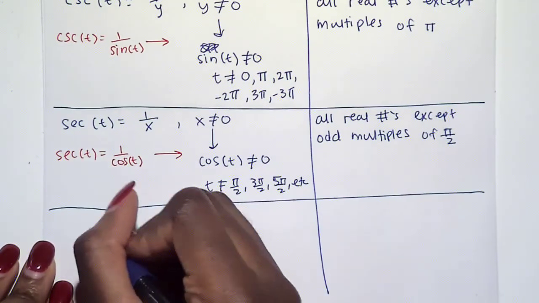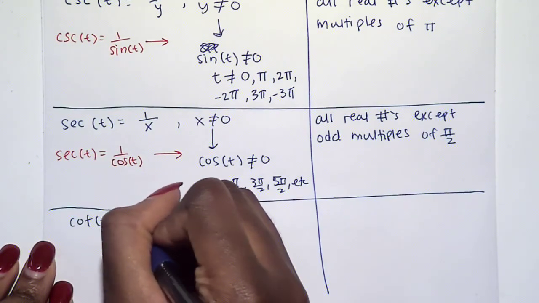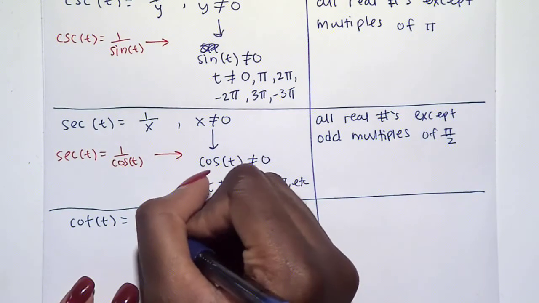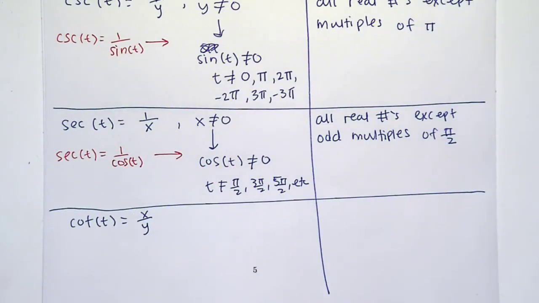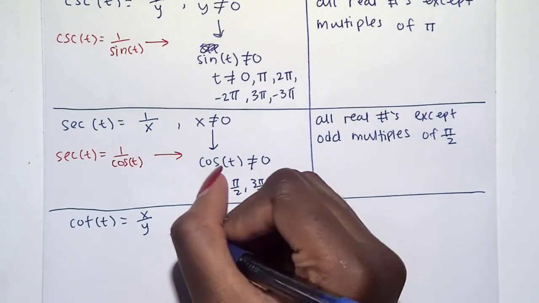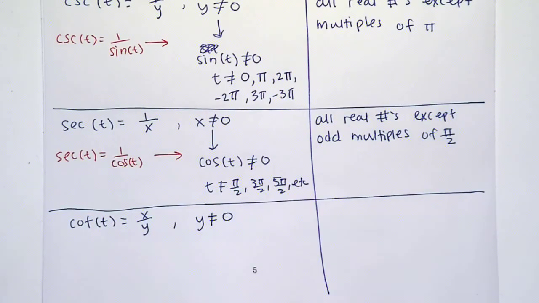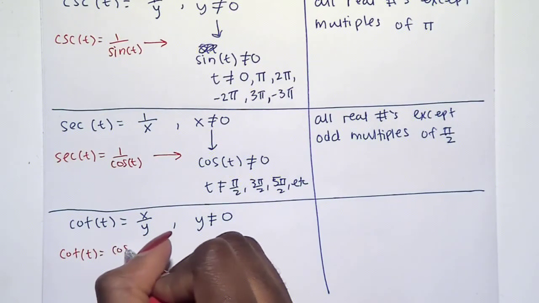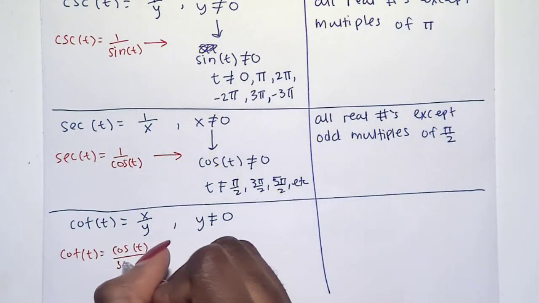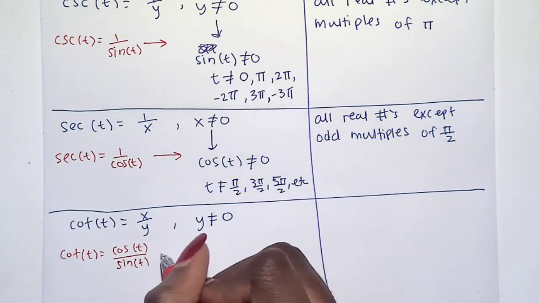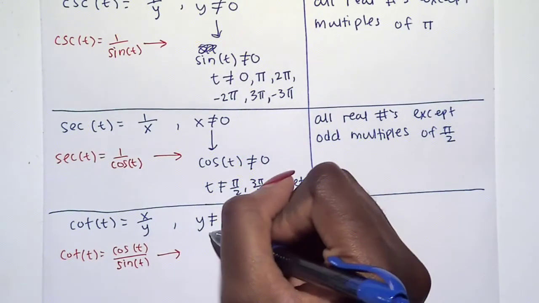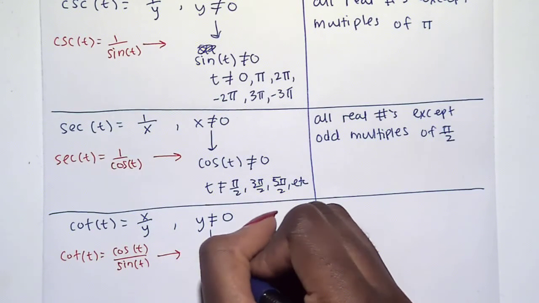All right, so last one, cotangent of t. All right, remember cotangent is the reciprocal of tangent, so it will be x over y. We got a fraction. We want to make sure the denominator does not equal 0. All right, so again, we know that cotangent is the same thing as cosine of t divided by sine of t. We have sine in the denominator. So that means we don't want sine of t to be 0.